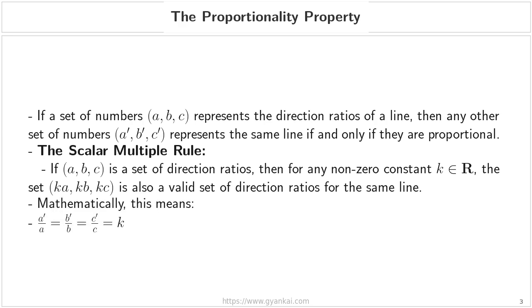If we were to write this out mathematically, it means that the ratio of a prime to a equals the ratio of b prime to b, which equals the ratio of c prime to c, and all of these are equal to our constant, k. As we will see in the next slide, this is very much like following a path where you can increase the distance traveled without ever changing the actual direction you are heading.